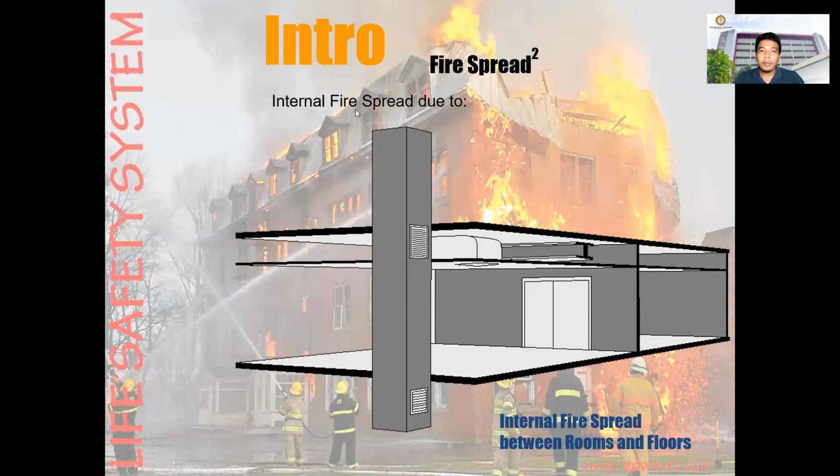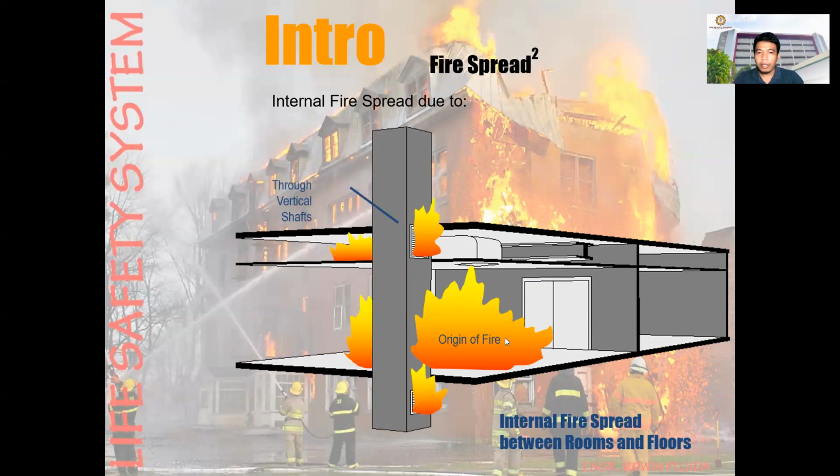Fire spread, this is for internal fire spread within or between floors. So this is a sample compartment or sample room. You have there the vertical shaft or duct, this is ducting and the ceiling. Origin of fire, and then the smoke goes through the shaft or maybe goes through the ceiling.